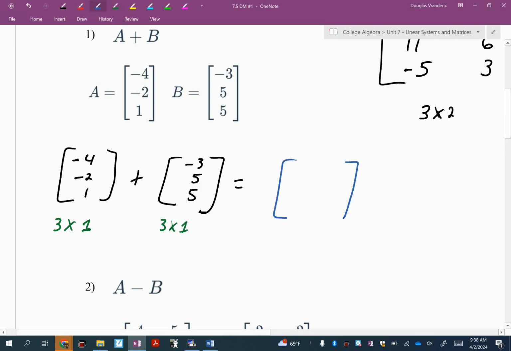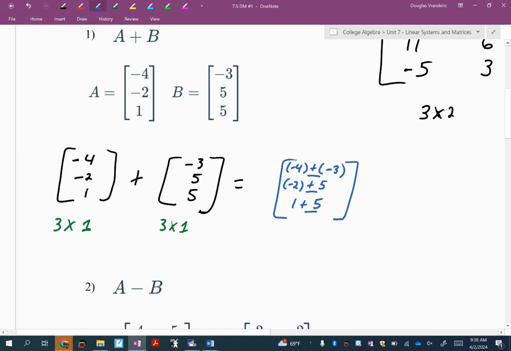And so all you're going to do, and I'm going to show you extra work here. You don't have to show this work going forward. I want to give you the best chance for success here. So I call this my work matrix, right? I'm going to do -4 plus -3 in that first spot, then -2 plus 5, and then 1 plus 5.